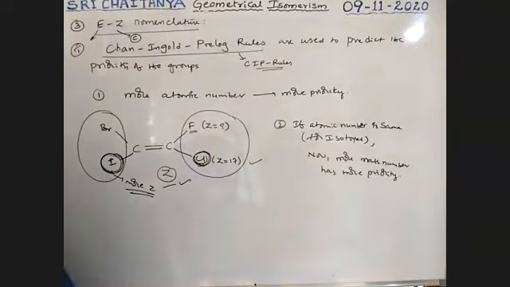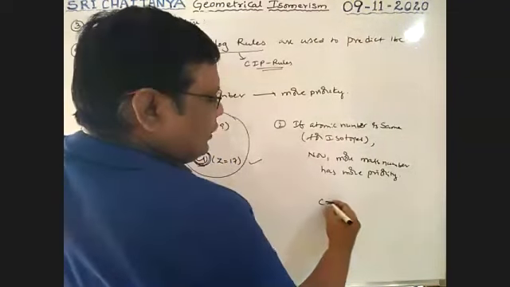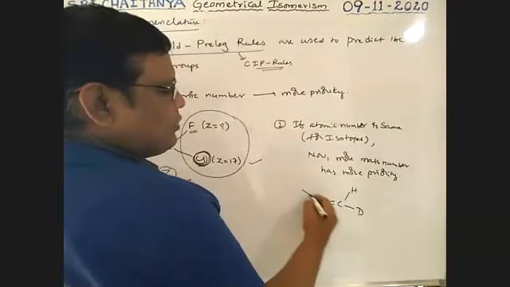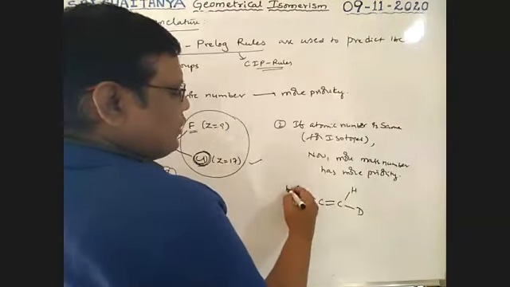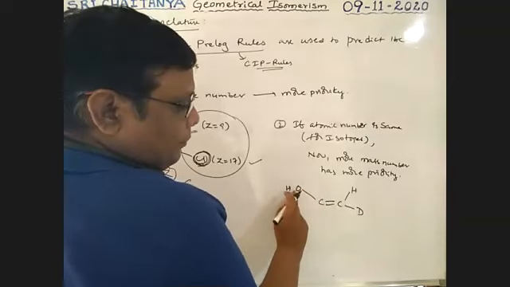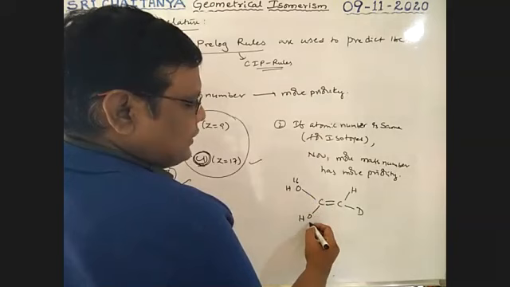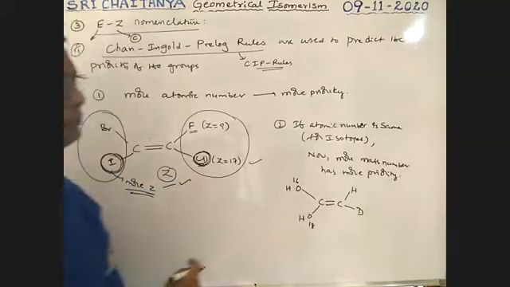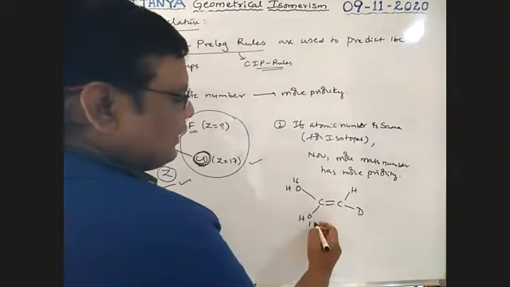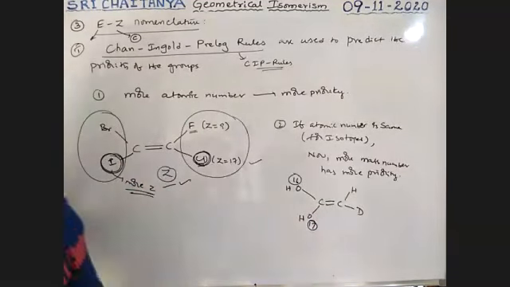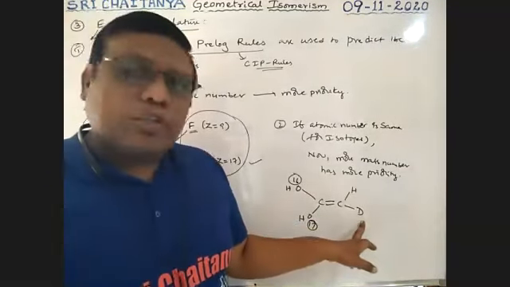For example, carbon double bonded with carbon, with hydrogen and deuterium, or oxygen in OH with mass number 16, OH with mass number 18, or mass number 17. Boys, see here: hydrogen and deuterium.